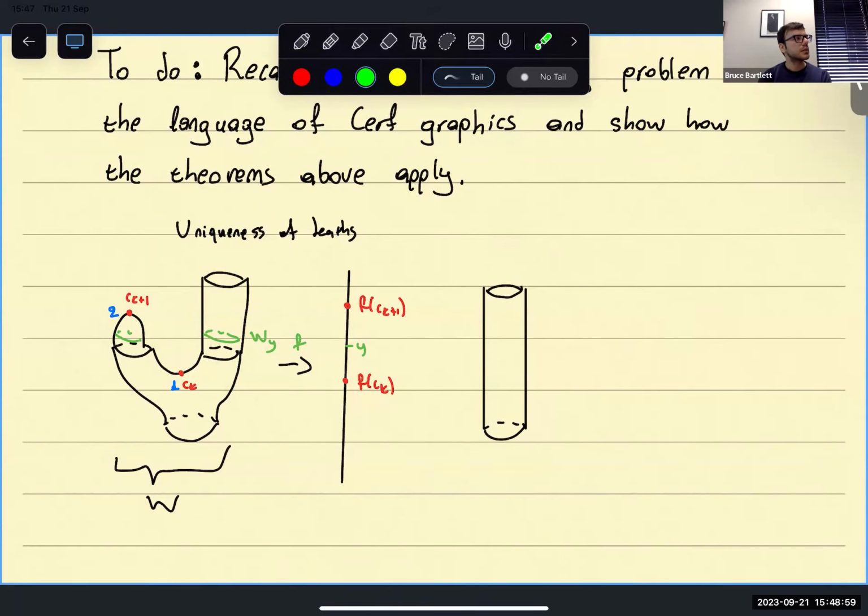What does that mean? It means that if you give me any two death paths, I can find a homotopy between them, a homotopy of death paths. That's what it basically means, in very quick terms.